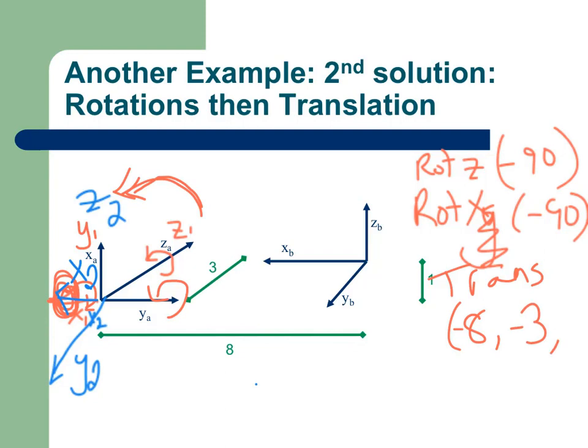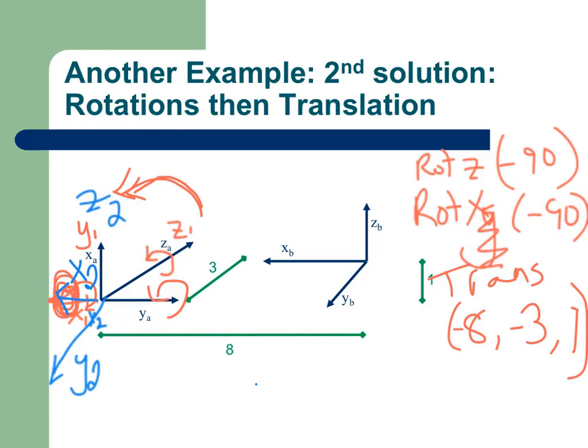And then the z-axis for 2 is the up-down, and we need to go up by 1 unit. In this case, it's the same direction, so we're going to go up 1. So that's our translation.